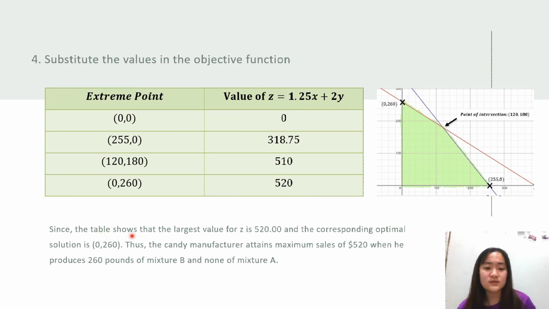Since the table shows that the largest value for z is 520 and the corresponding optimal solution is 0, 260, the candy manufacturer attained maximum sales of $520 when he produced 260 pounds of mixture B and none of mixture A. So that's all from me.